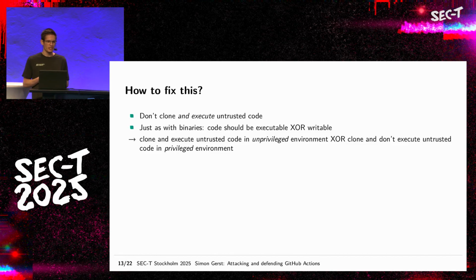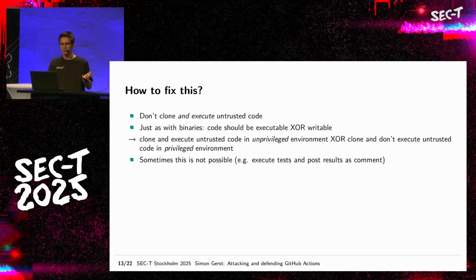And if we take this analogy and bring it to the GitHub world, you should either clone and execute your untrusted code in an environment that is unprivileged, so something like pull request. And if you want to execute something in pull request target, you have to be sure that it is trusted code and not something untrusted you cloned from a malicious user.